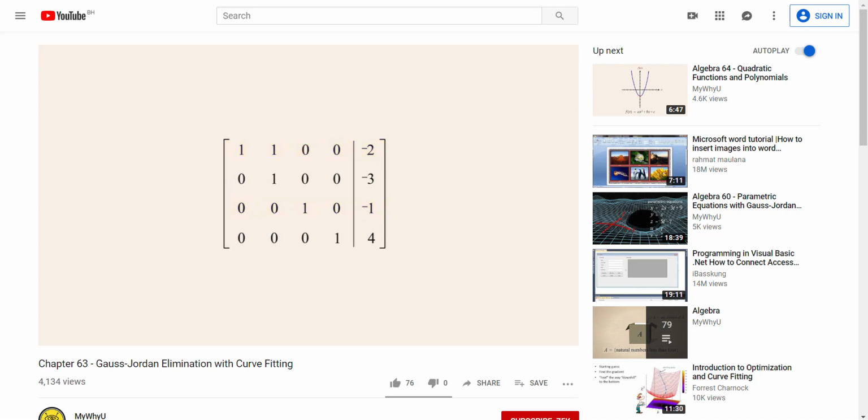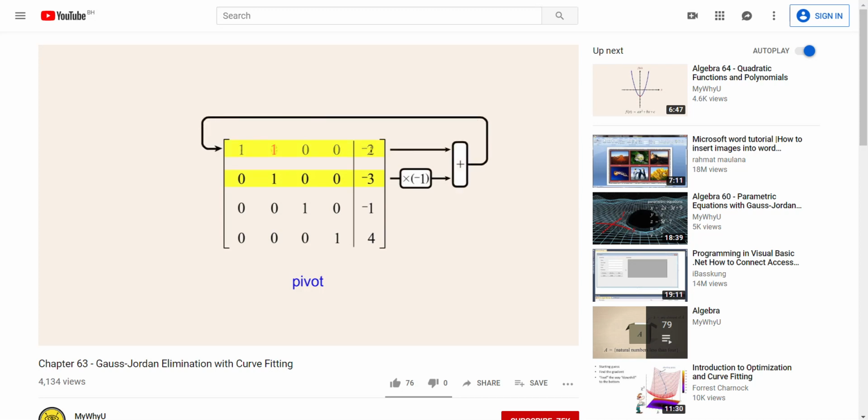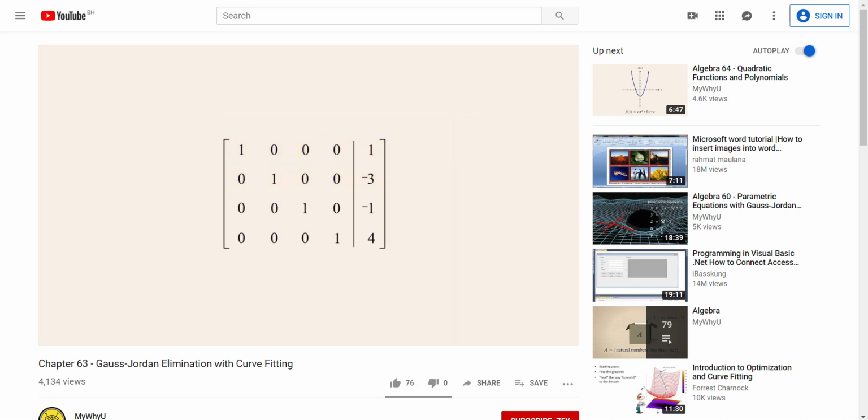Since all the entries above the third row's leading entry are now 0, we move to the leading entry of the second row and zero the entry above it, using a pivot to add -1 times row 2 to row 1. The matrix is now in reduced row echelon form.